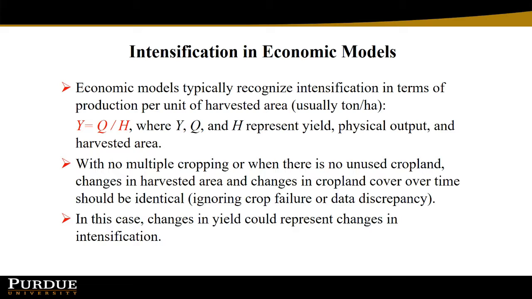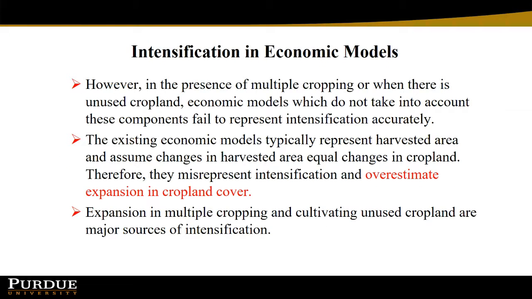With no multiple cropping, or when there is no unused land, changes in harvested area and changes in cropland cover over time should be identical. If you harvest 1 more hectare of land, then you need 1 more hectare of cropland.